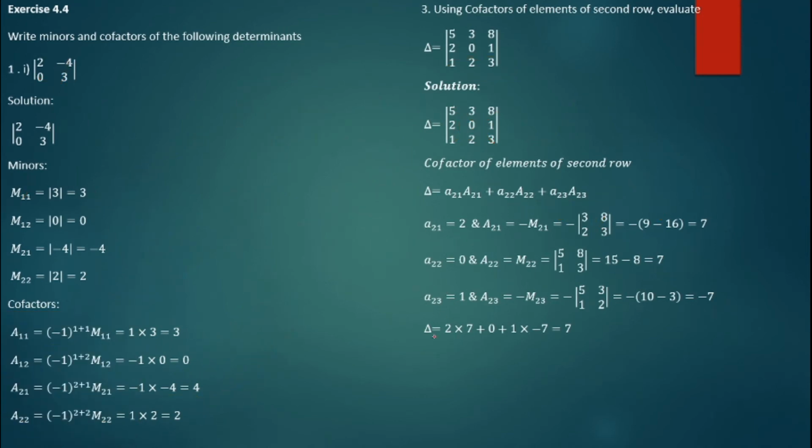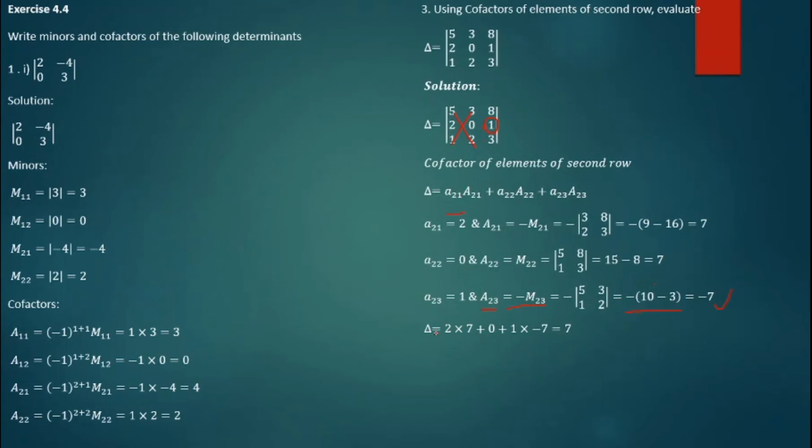Then A23. The cofactor, since it's odd, is the negative minor: 5 into 2, 10, minus 1 into 3, 3. So 10 minus 3 is 7, and with the negative sign, negative 7.